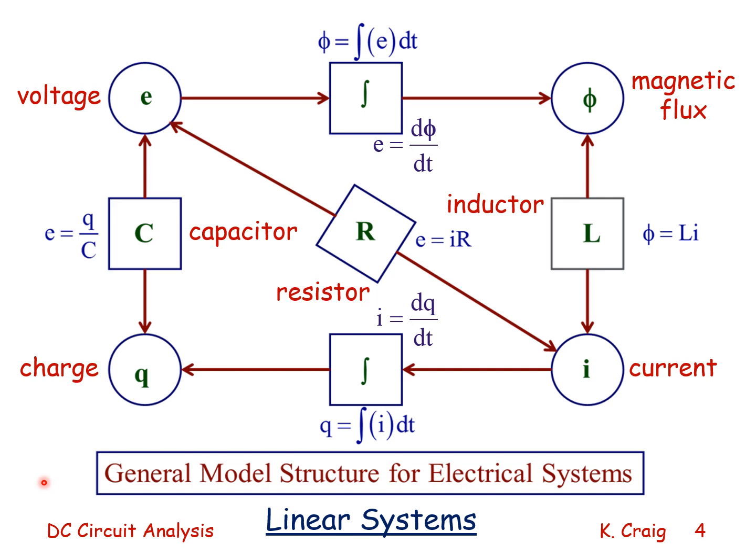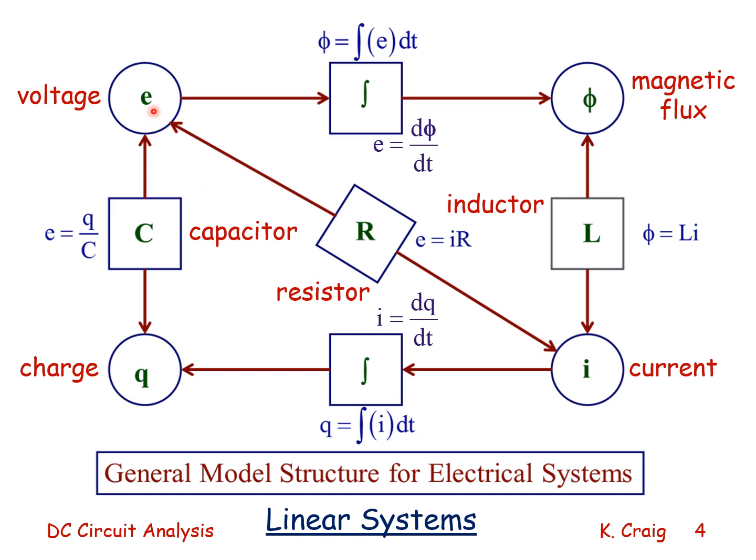The capacitor relates the voltage E to the charge Q through its constitutive equation. The resistance R relates voltage E to current I through Ohm's law. The inductance element relates magnetic flux phi to current I through Ampere's law.